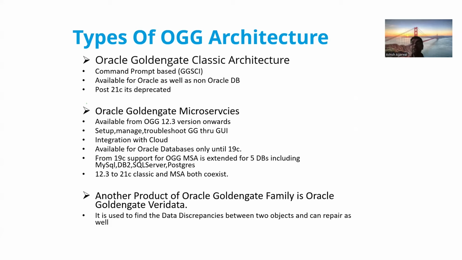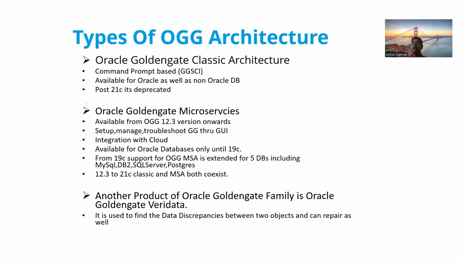At the start of this session, I mentioned that this training is about classic architecture. Many of you would know because I have been telling you about different types of architectures and the overall GoldenGate family a lot, but I'll discuss that again. So what is classic architecture? What is microservices and what is Veridata?